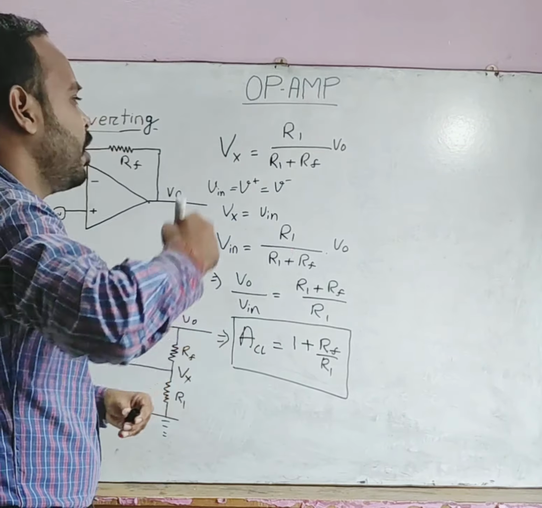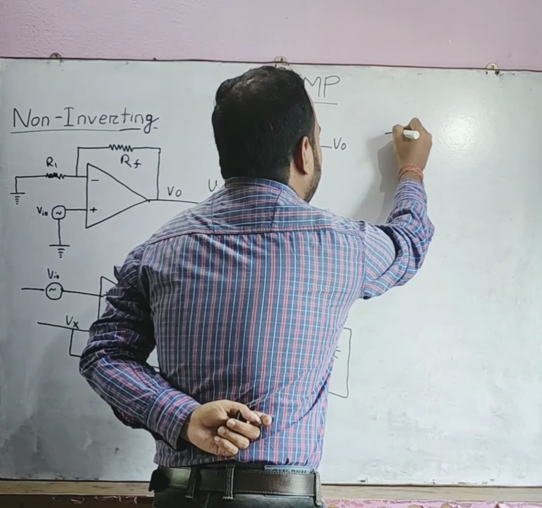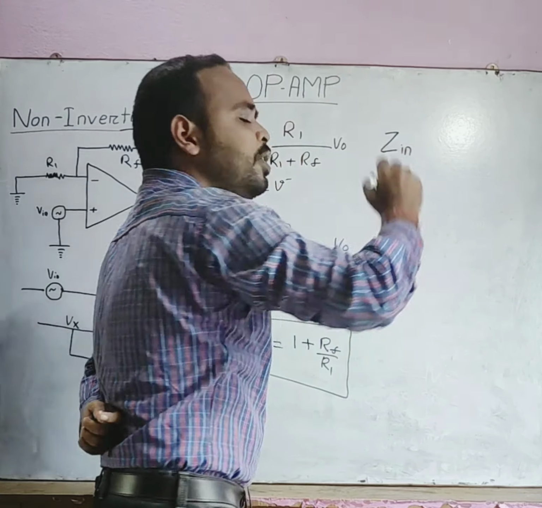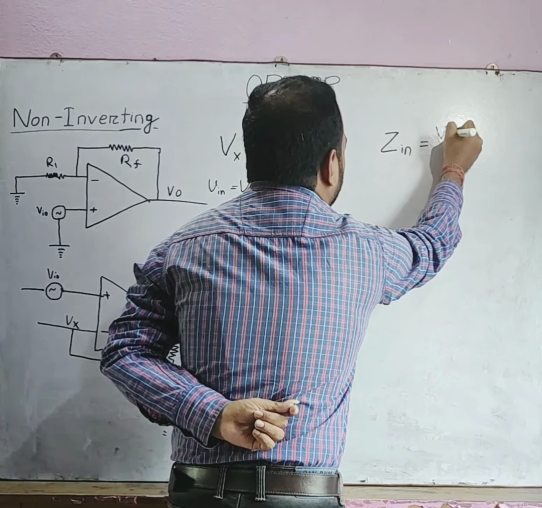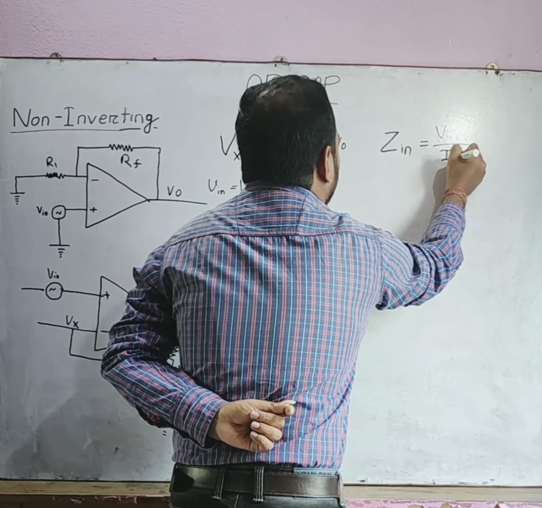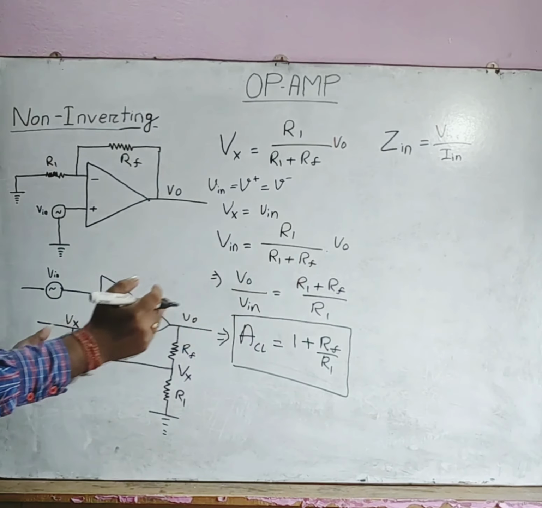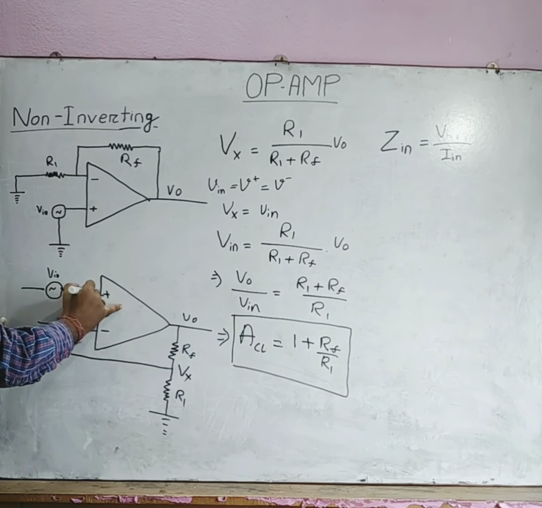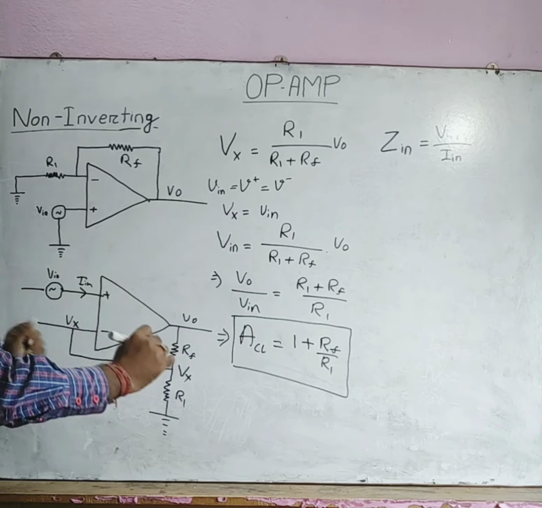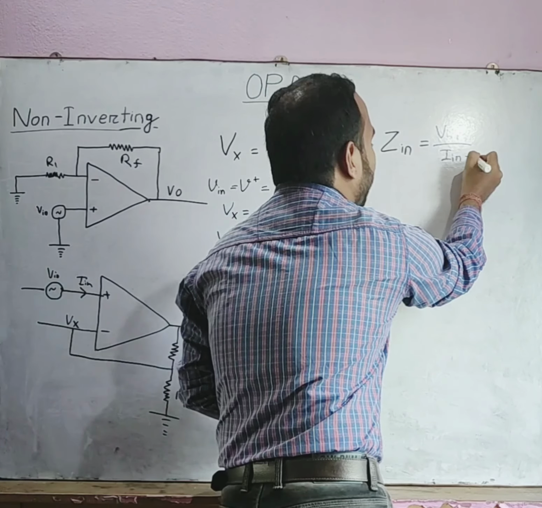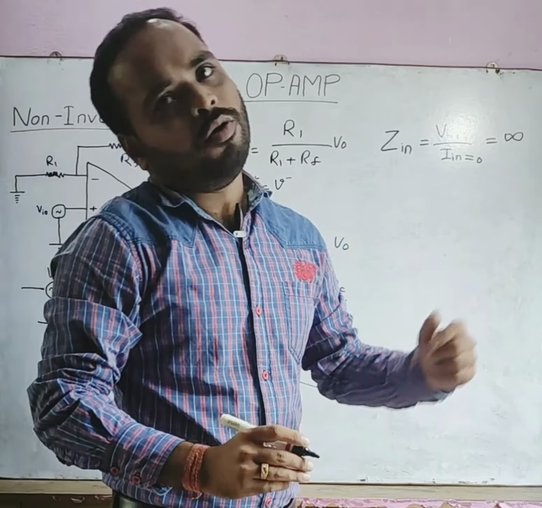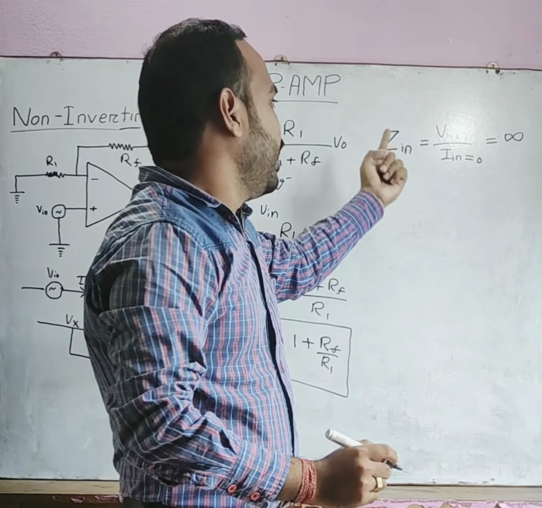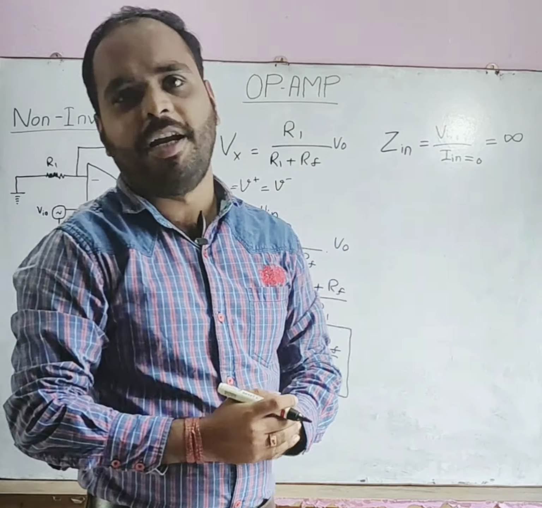So how is that possible? The input impedance, we denote it as Zin, is given by Zin equal to Vin divided by Iin. If we look at the circuit, clearly in this case, the input current is equal to 0, and when Iin is equal to 0, obviously Zin will be infinite, or the input impedance will be infinite.